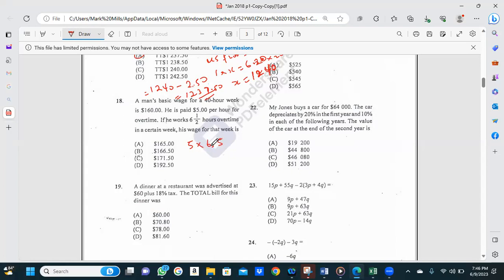When we multiply 5 times 6.5, what do we get? What is 5 times 6? 32.5. All right. Now we add it to the basic wage. So that'd be 160 plus 32.5, which will give me 192.5. So my answer would have been D.